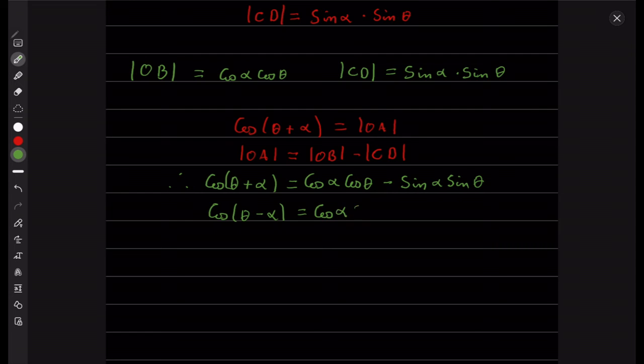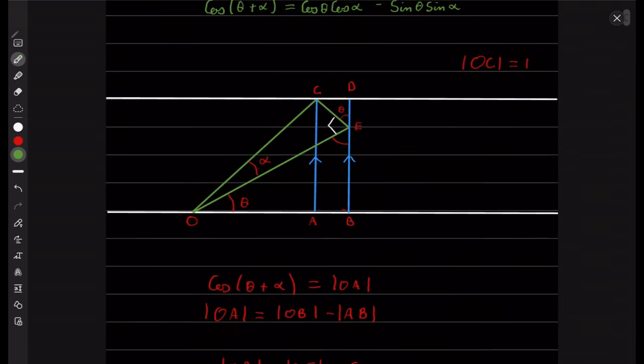These stay the same because cos of a negative angle is the same as cos of the positive angle. This becomes negative, negative, negative, positive. So plus sine alpha sine theta.